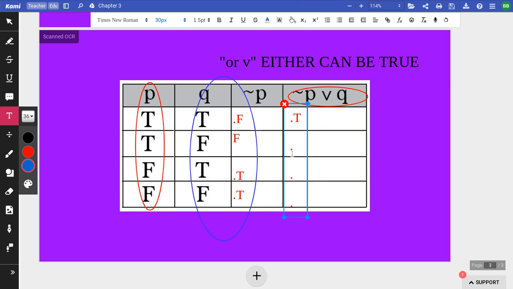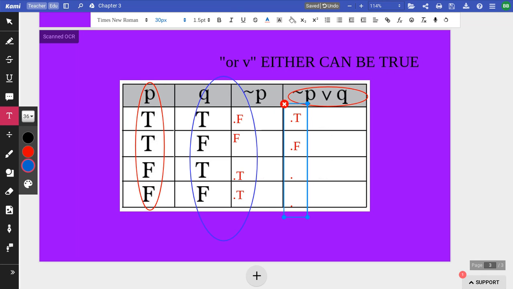The next one, not P is false or Q is false. Are either of these true? No, therefore it's false. The next one, we have not P is true and we have Q is true.